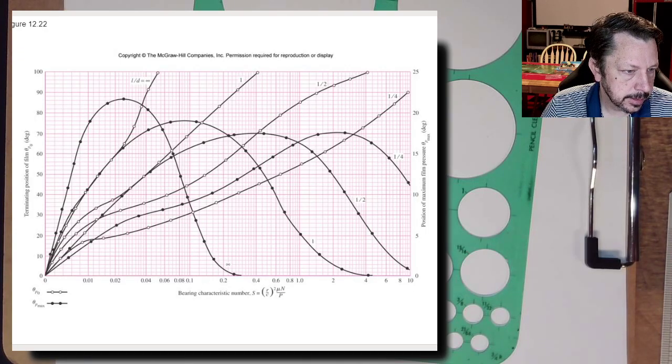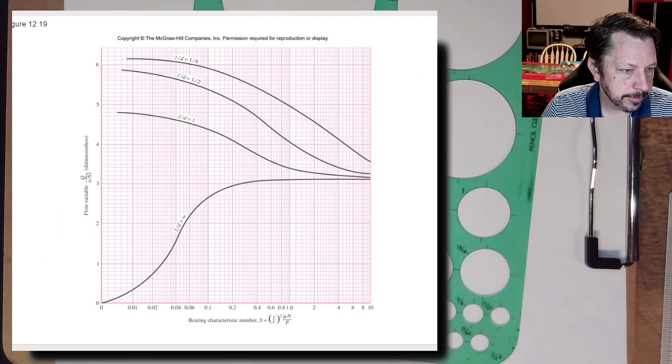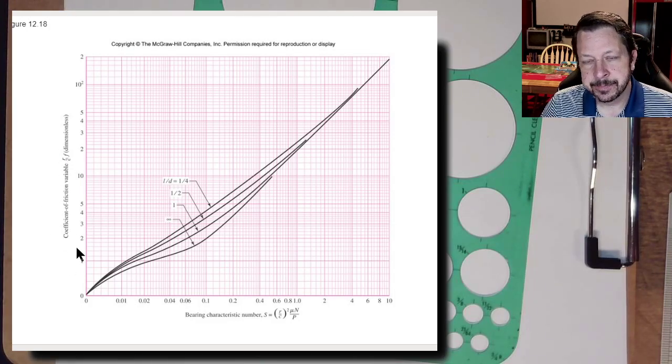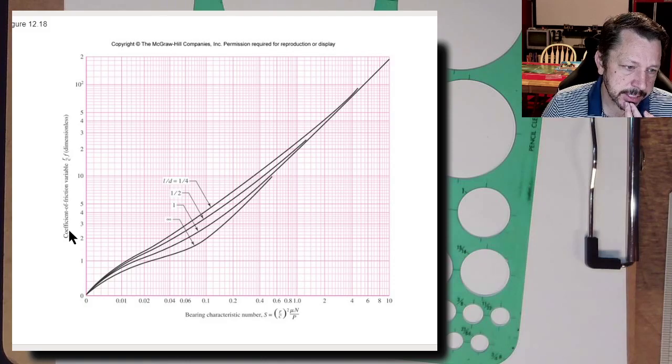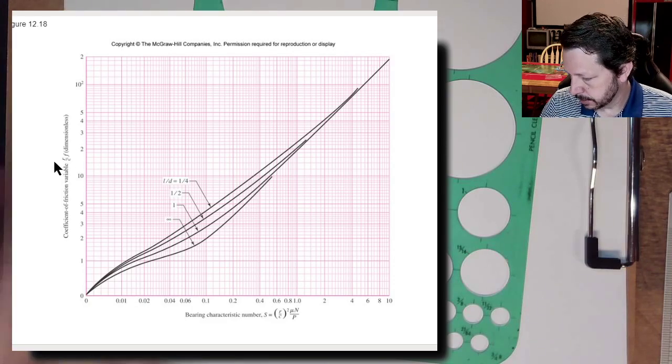That's the position of the maximum pressure, flow ratio, flow variable, coefficient of friction variable. This is what we need. The coefficient of friction variable chart says the y-axis is measured as r over c, which we know, the radius of the journal and the clearance, times f. So we can get our coefficient of friction from this chart.